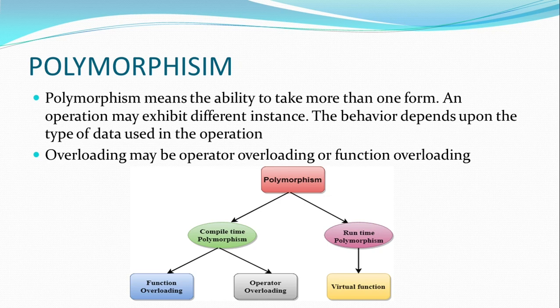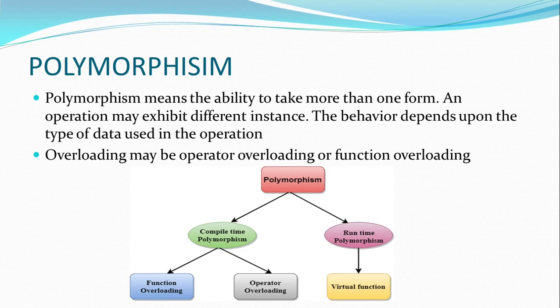For example, the plus operator is used for addition. If we give two numbers, they will be added. The same plus symbol with strings performs concatenation: string 1 plus string 2 gives another string 3. So this is operator overloading.